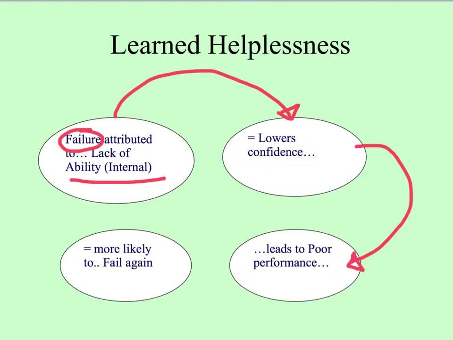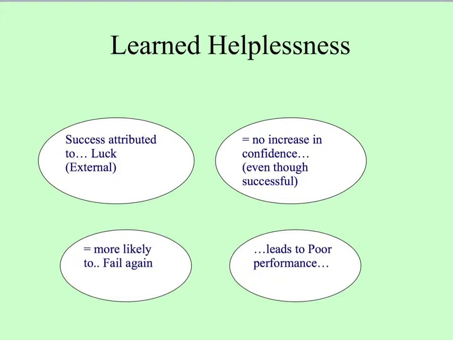The lack of confidence will lead to a poor performance in the future. So the next performance is likely to be a poor one due to the low confidence, and this means that it's likely that we'll fail again. So once you fail again, it's likely again that that performer is going to attribute that failure to a lack of ability. So we're in this vicious cycle, and it would be very difficult to come out of it.